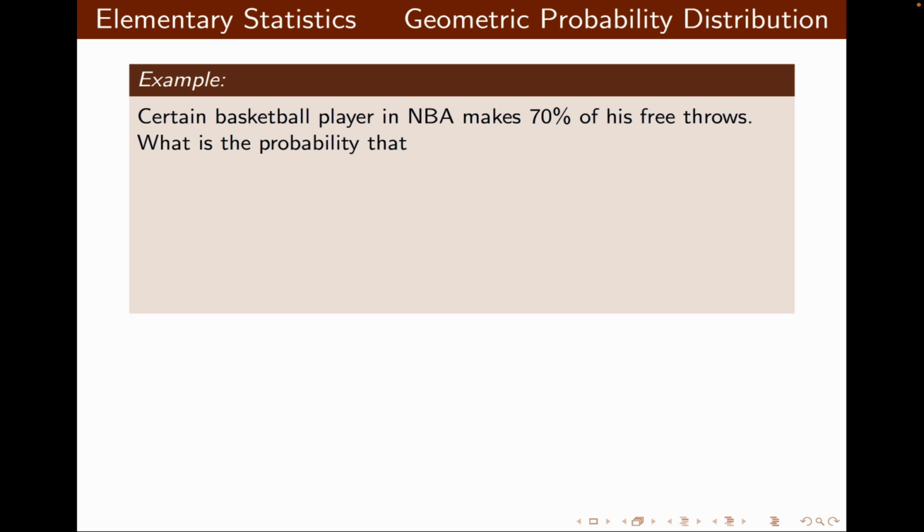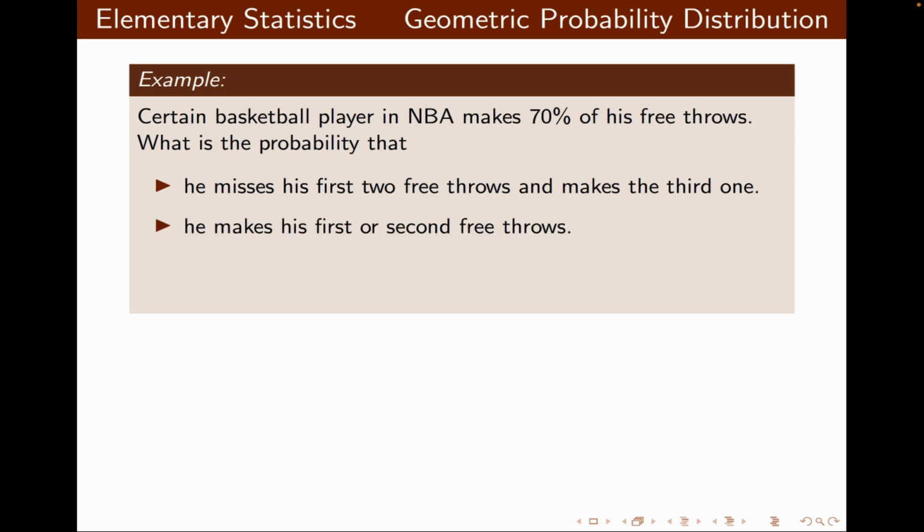A certain basketball player in the NBA makes 70% of his free throws. What's the probability that he misses his first two free throws and makes the third one? What's the probability that he makes his first or second free throw?